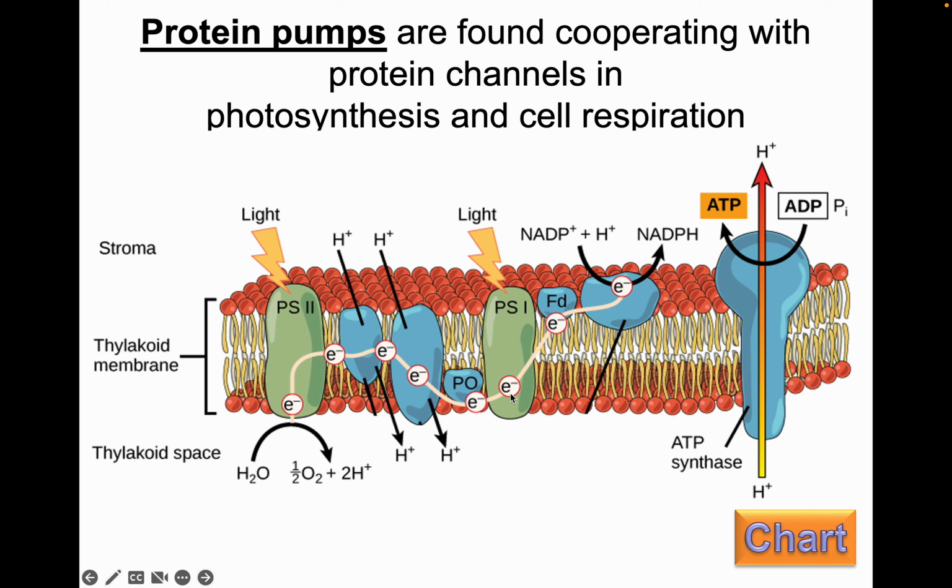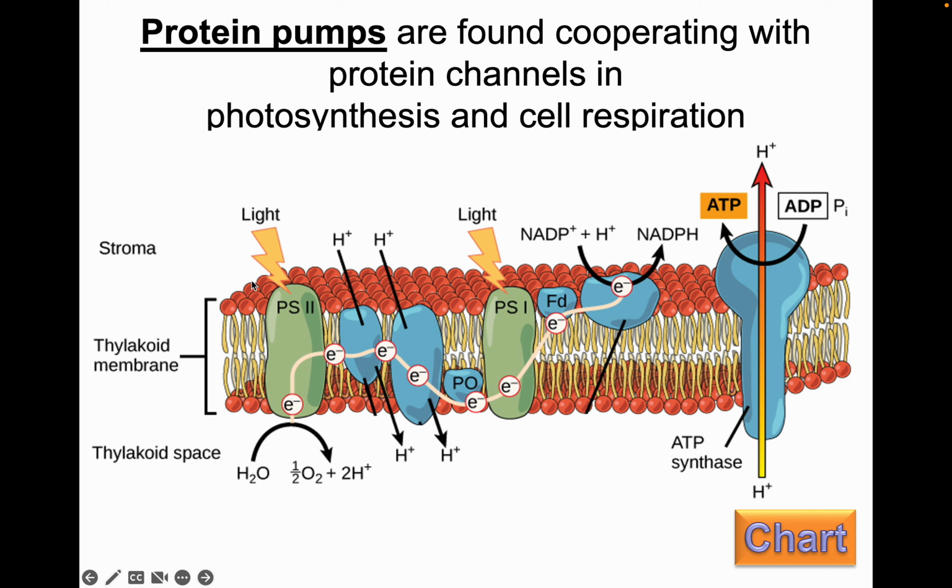These are the protein pumps that actively transport ions like hydrogen ions across the membrane. These pumps use energy from ATP to create a concentration gradient. So from the thylakoid space, it will transport hydrogen ions to the stroma.